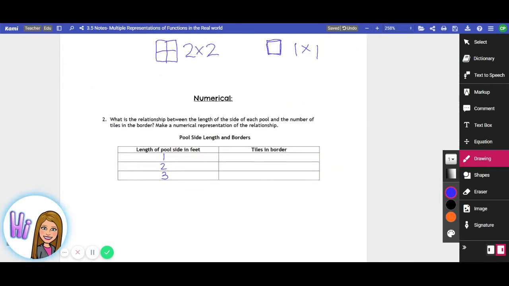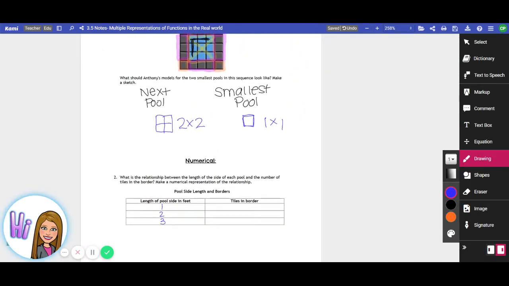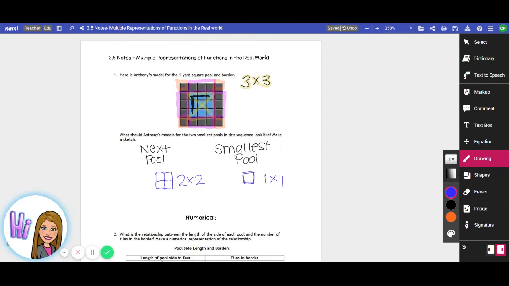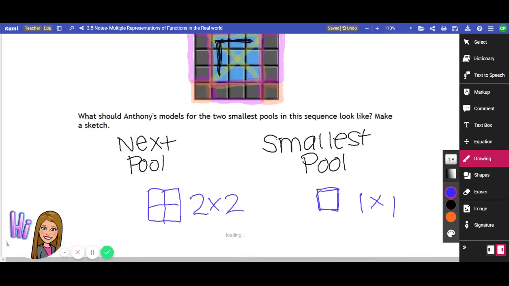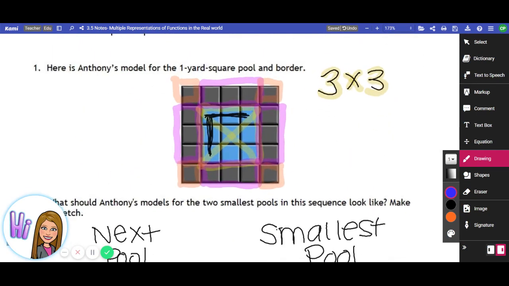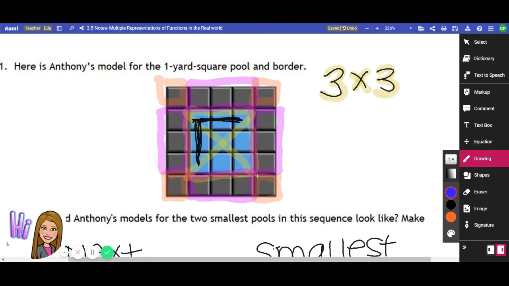But to find the tiles in the border, we would need to come back up here to the top. So let's start with a 3x3 because we already looked at this one in the very beginning. So in a 3x3, we saw originally that there were those 3 on all 4 sides that border that outer edge of the pool.